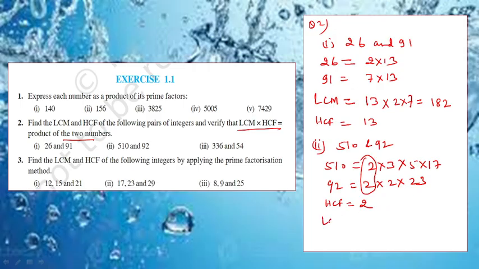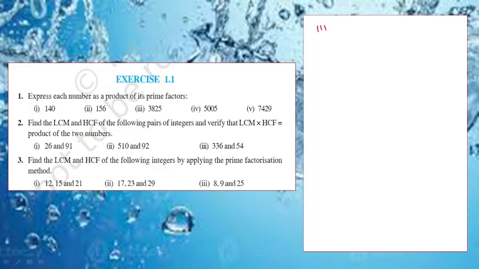But LCM, the common factor 2 will come, then 3 into 2 into 5 into 17 into 23. Okay, that will become common. So this will be giving us 23460 after multiplication. Okay, right.